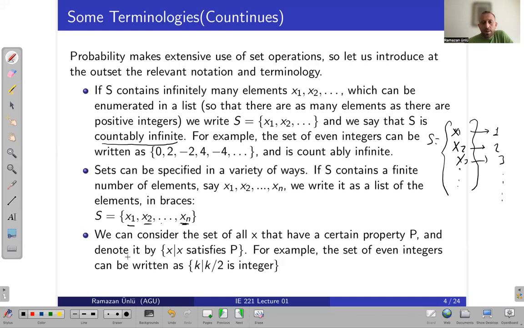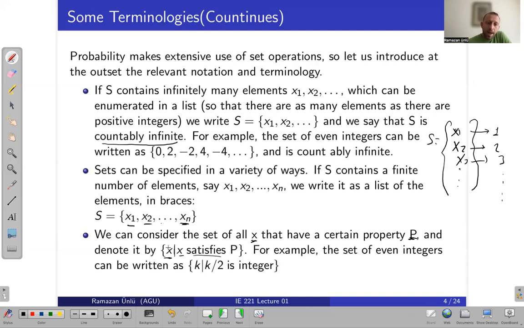Also, we can consider the set of all x, the members that have a certain property p. That means these x's are created based on some conditions. We denote this as x such that x satisfies p.